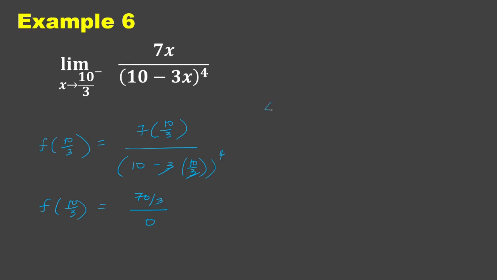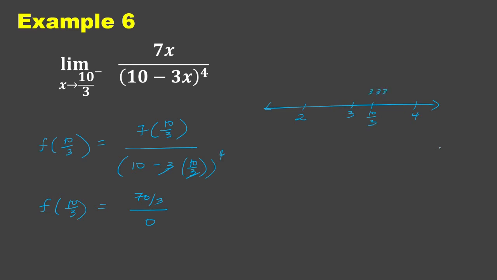So let us analyze again our number line. 10 over 3 is around 3.33. So let's say we have 2 and 3 and then 4. So 3.33 is somewhere here. So this is 10 over 3 or 3.33.